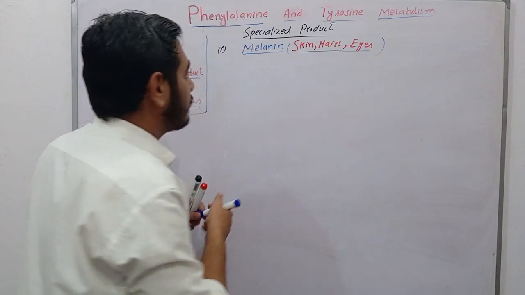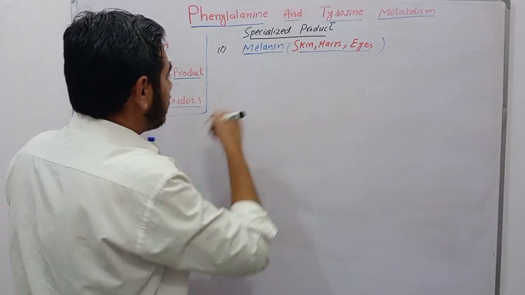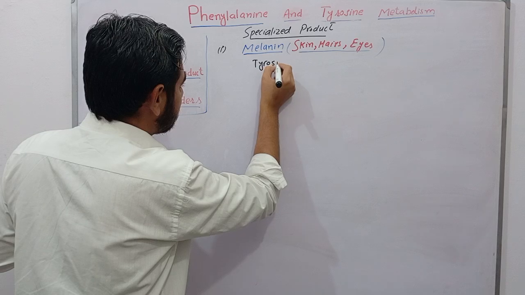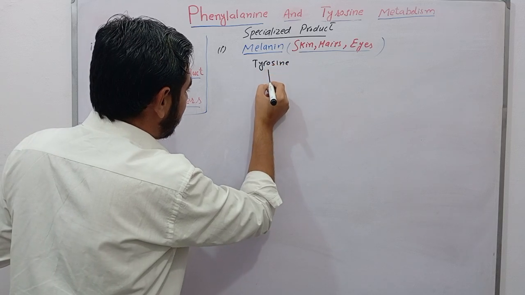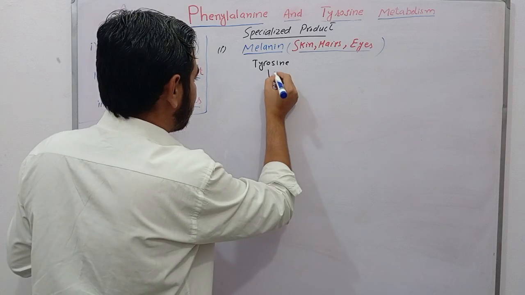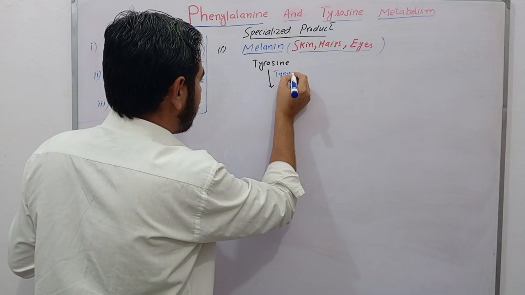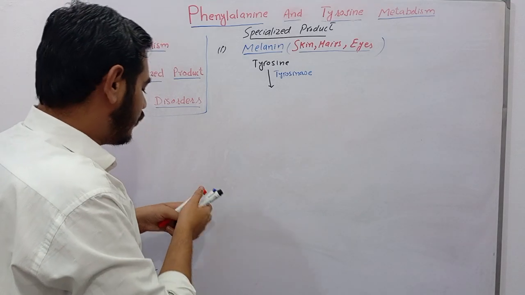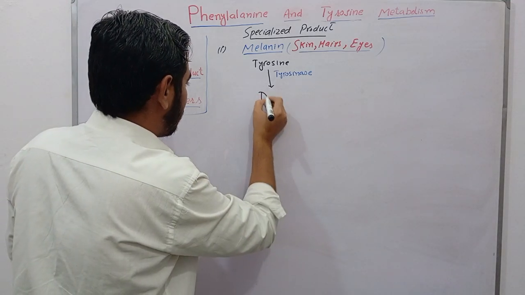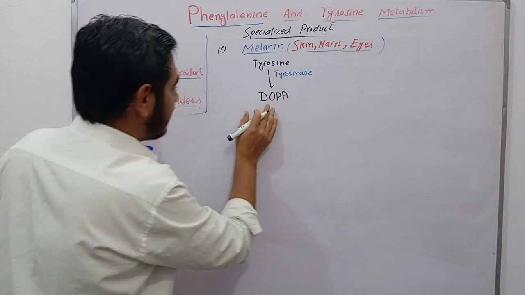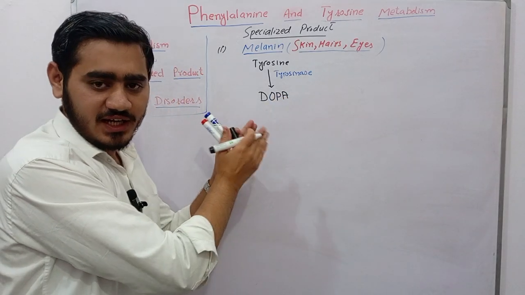First of all, tyrosine, by an action of tyrosinase enzyme, forms dopa, that is dihydroxyphenylalanine.